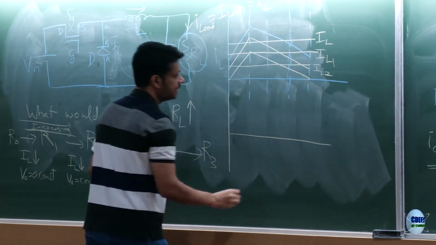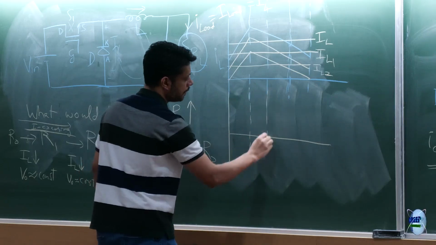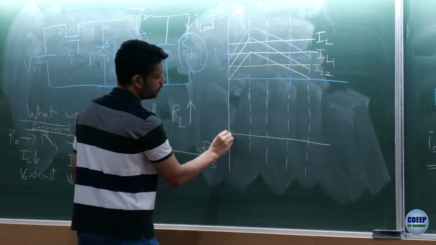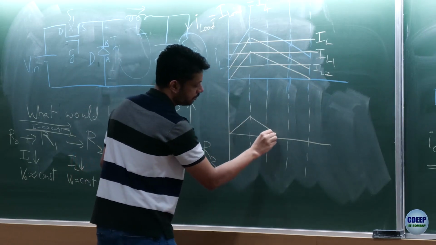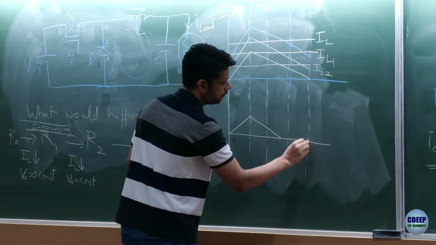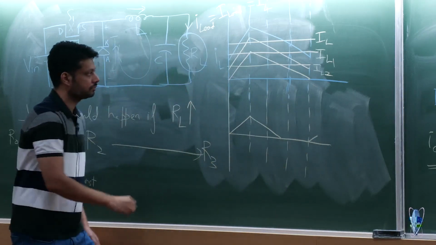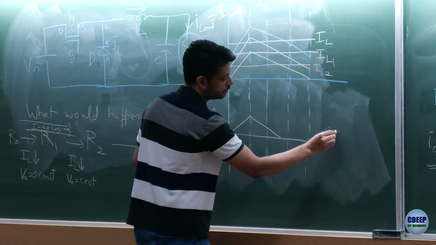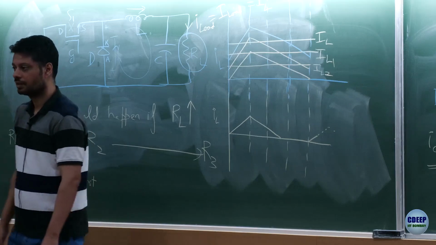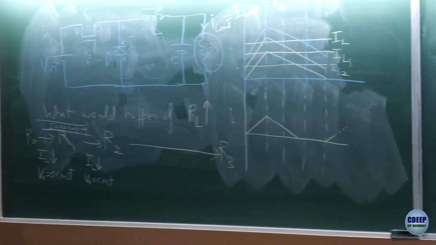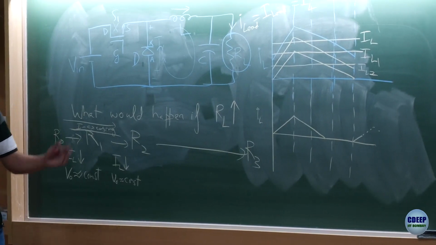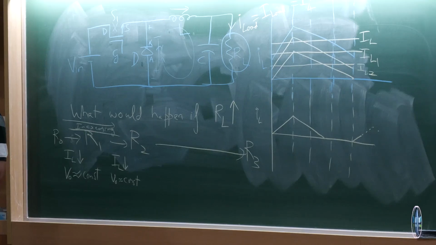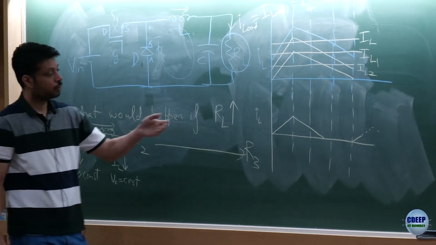We will slowly analyze it. And this will continue, of course. If the load current further reduces, that means the average current has to further come down. This is what would happen.